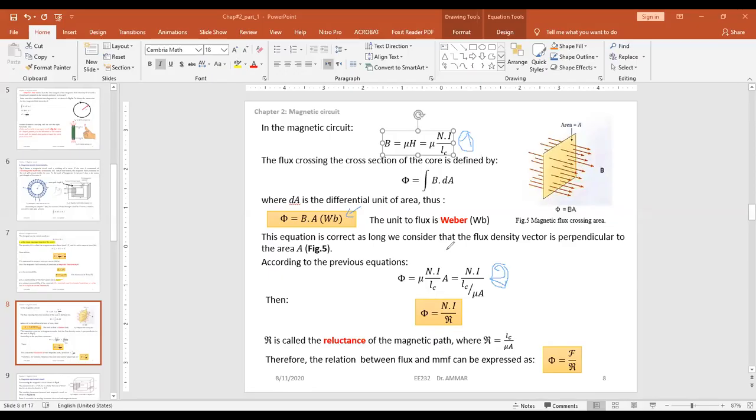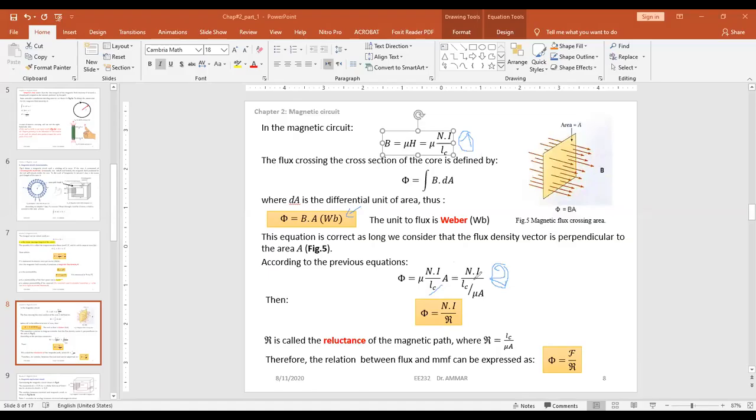Okay, and this equals, it's the same expression, mu A over Lc, multiplied by NI.